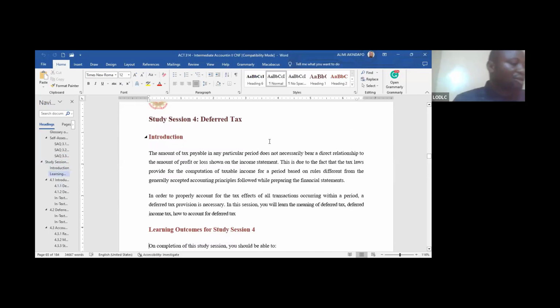This study session 4 talks about deferred tax. Before we start this topic, I want to quickly say something on deferred tax.